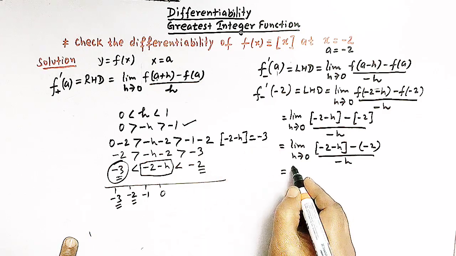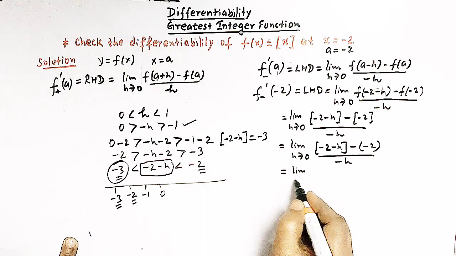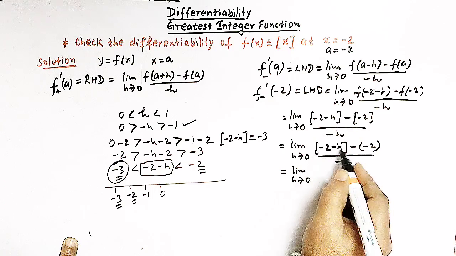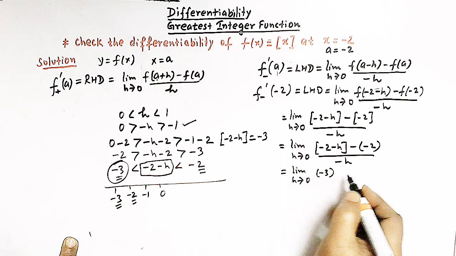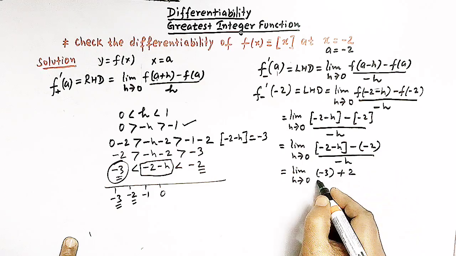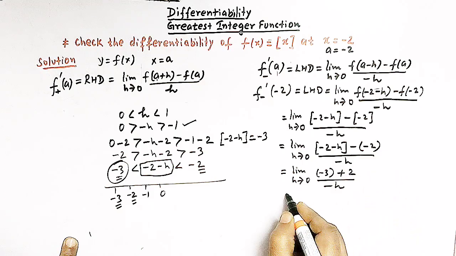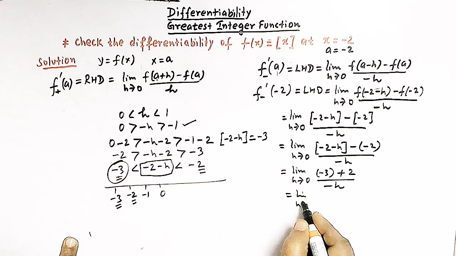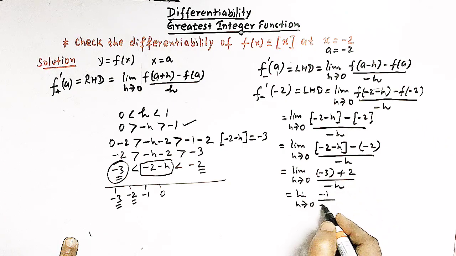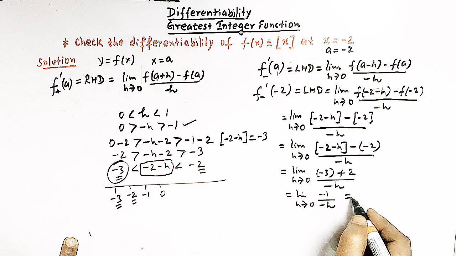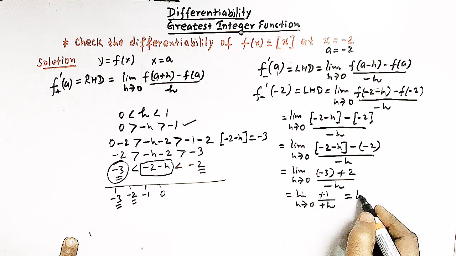So here we have limit h tends to 0, and for this we have minus 3, and then here we have plus 2, divided by minus h. So now we can write minus 3 plus 2 is minus 1 over minus h, and the minus signs get cancelled.